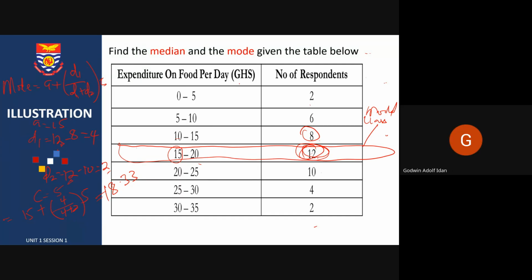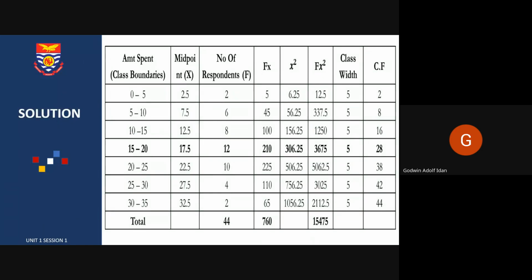All right. So this is how we go about computing the mean, the median, and the mode. So this same question, you can be asked to compute the mean, the median, and the mode. And by so doing, you have to complete this table. Remember, we needed the class width, and we have it here.